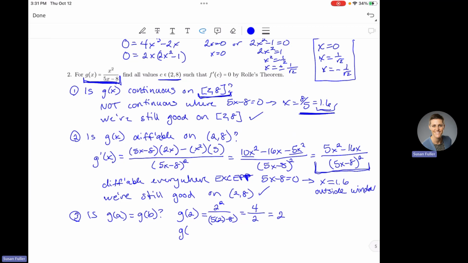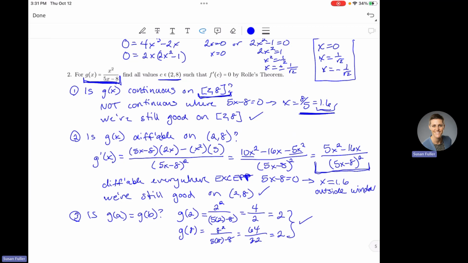We also have to plug in our other endpoint here, which is x equals 8. When I plug 8 in, I'm going to get 8 squared over 5 times 8 minus 8. I'm going to get 64 over 40 minus 8, which is 32. 64 divided by 32 is 2. These are the same, and so that box is also checked. My endpoints are the same.